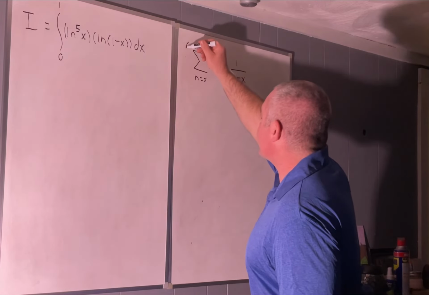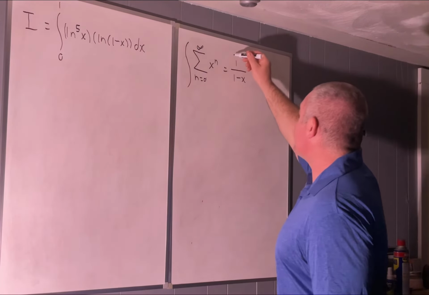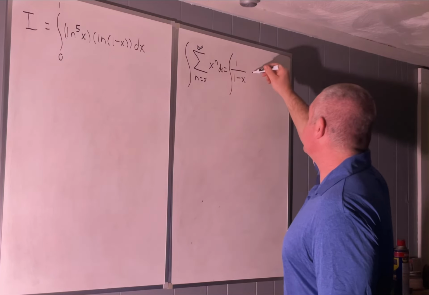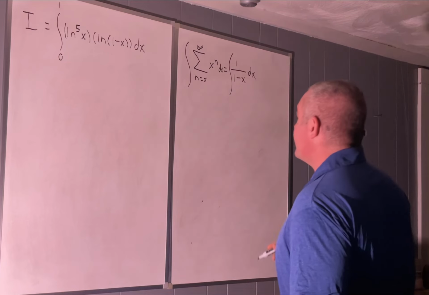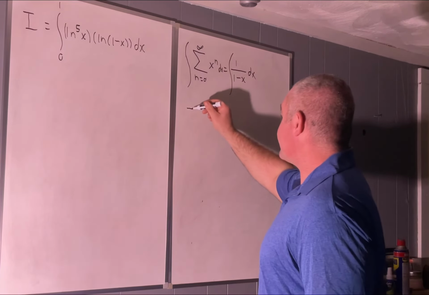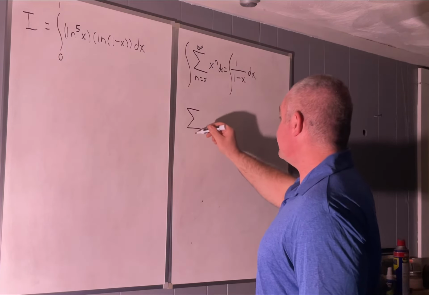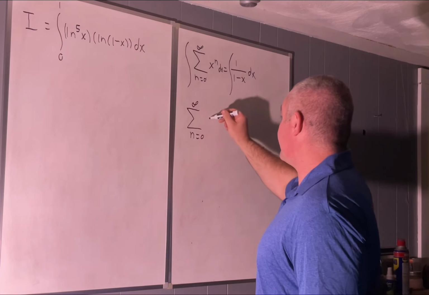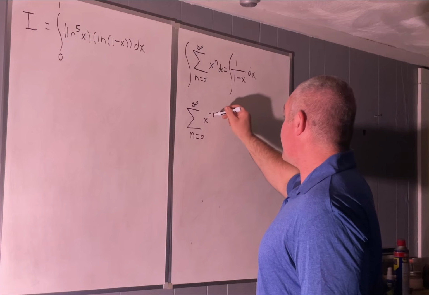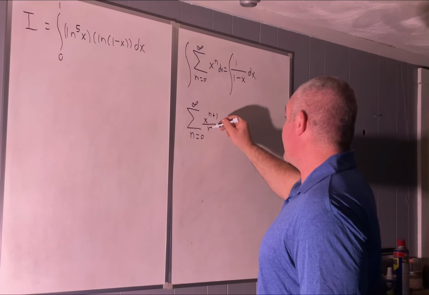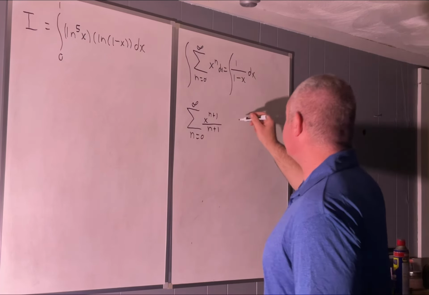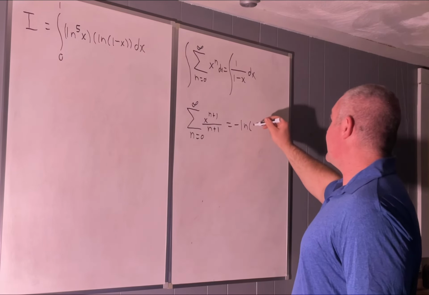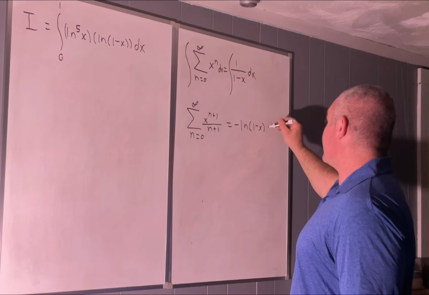So let's go ahead and integrate both sides with respect to x. So that's going to give us this, that the sum from n equals 0 to infinity of x to the n plus 1 over n plus 1 is equal to negative natural log of 1 minus x plus c.